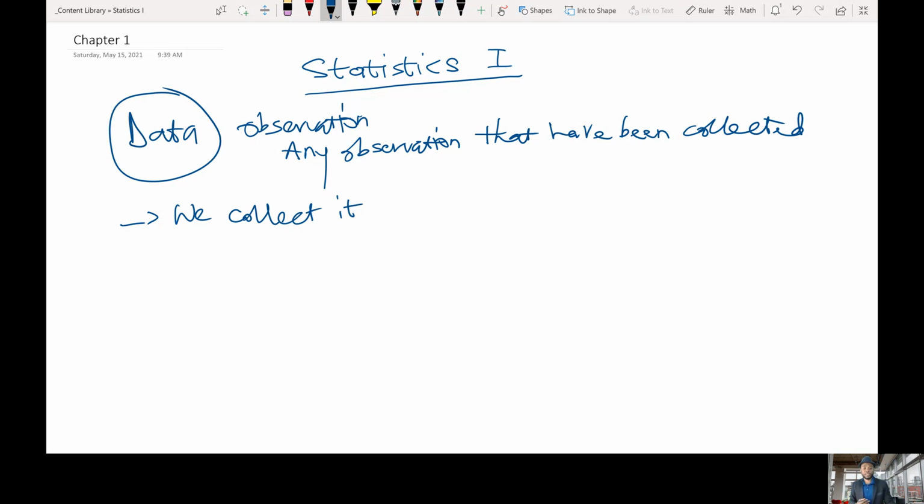Now, after collecting it, we want to analyze it. So we analyze it. And then we summarize it. So trying to know the characteristics of this data. And we also interpret it.